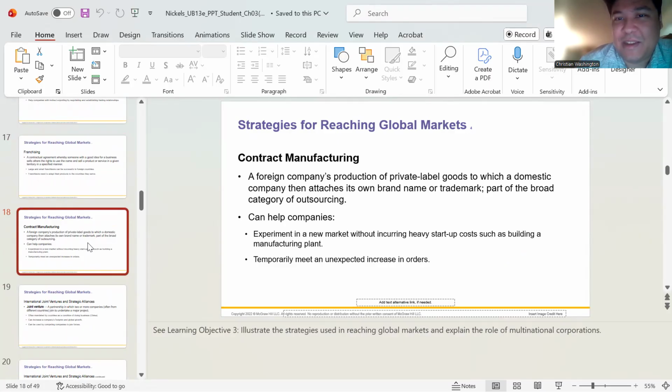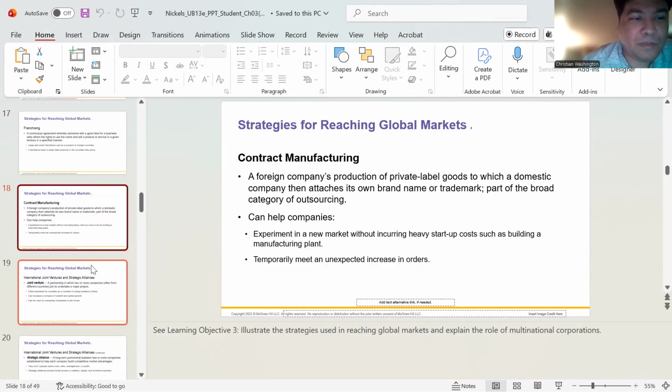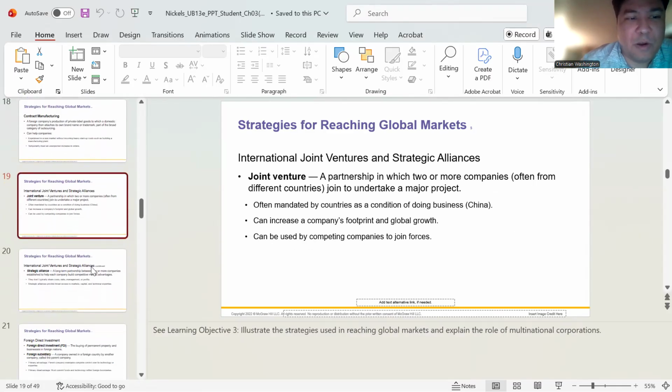It says, made in China, designed in California, right? So they have contract manufacturing with manufacturers, and some companies actually build their own factories in other countries, right? Tesla. There's a lot of unique situations, right?